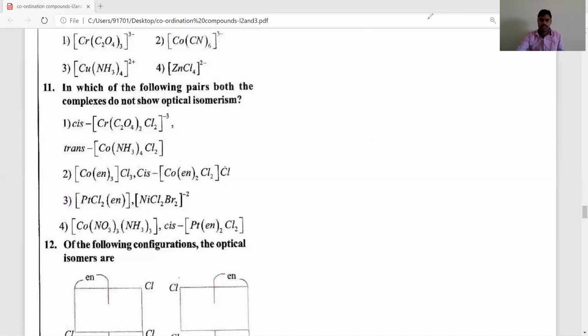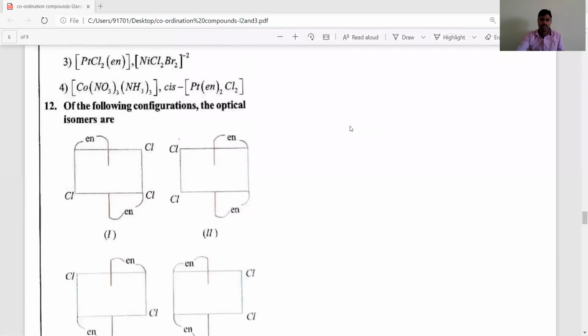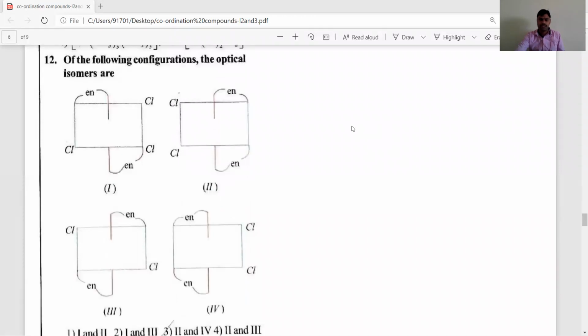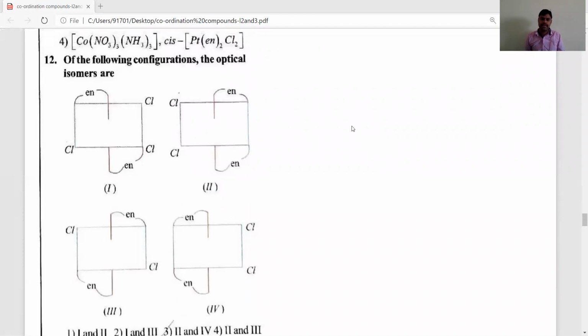What is the 12th question, dear students? Of the given four options, which pairs are optically active isomers? Generally, enantiomeric pairs are always optically active. Enantiomeric pairs means non-superimposable mirror images.